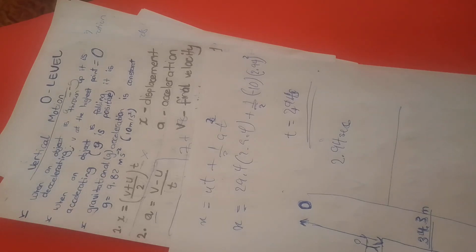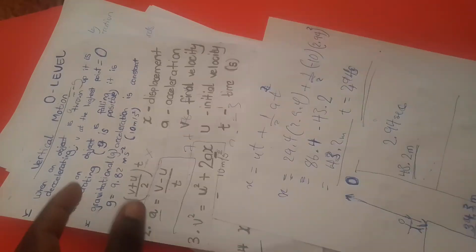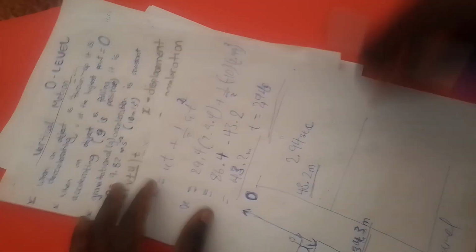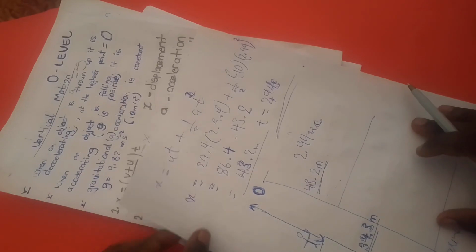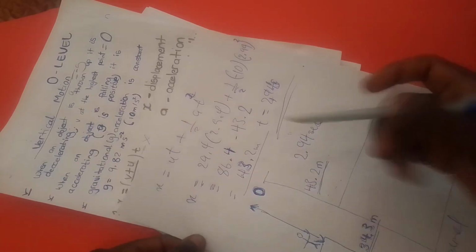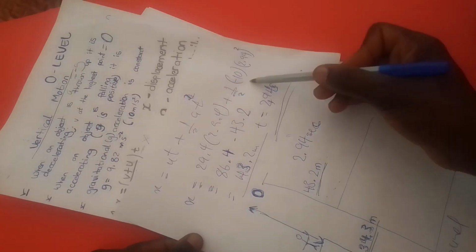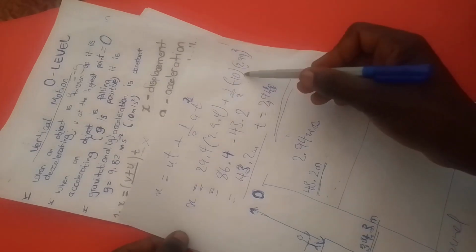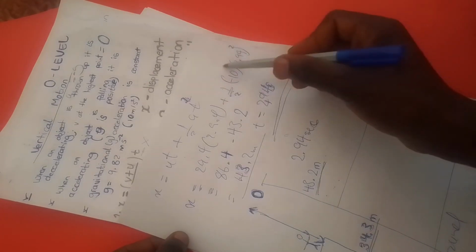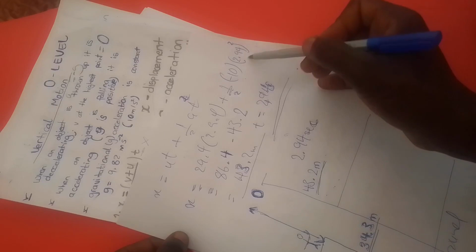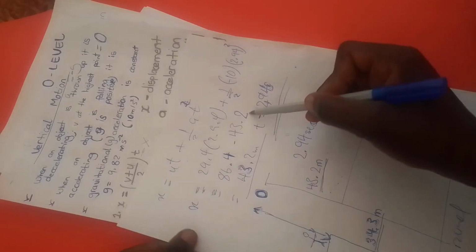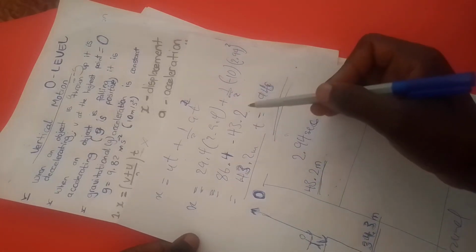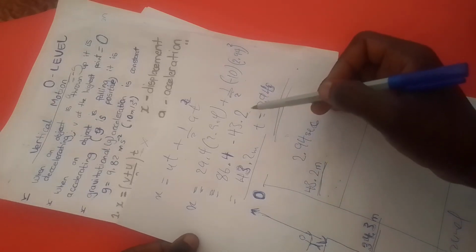Okay, so let me take my calculator now and plug in those values. I hope you've done your calculations. If you pass these values in a calculator, take note there's a negative here. Why is there negative? The stone was traveling upwards, so acceleration will be negative. So half of negative 10, which is negative 5, times 2.94 squared, will give us 43.2, rounded to one decimal place.